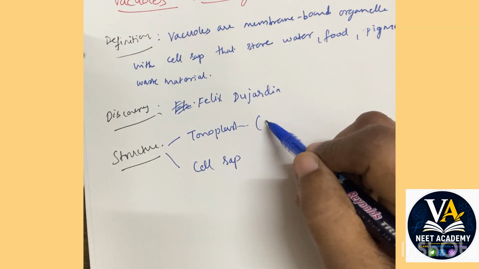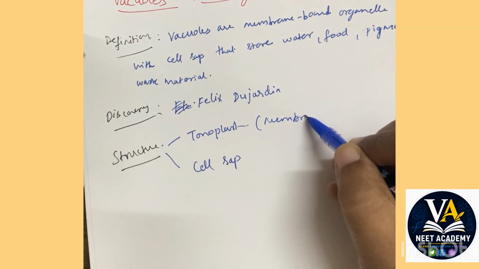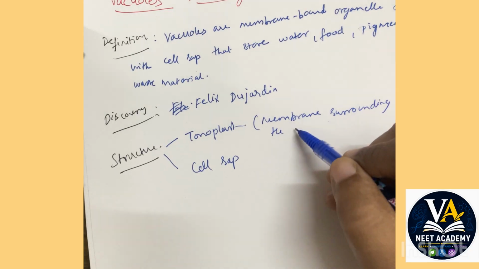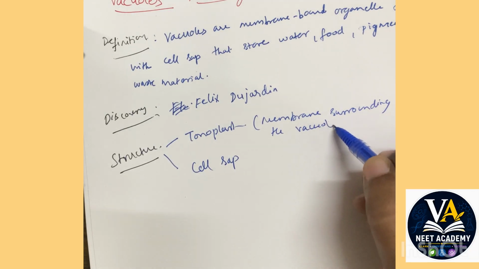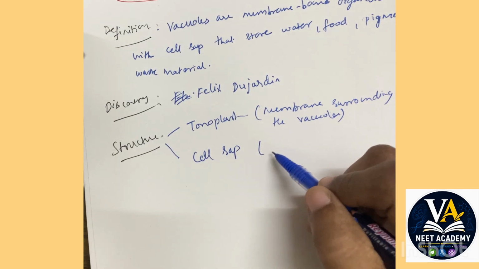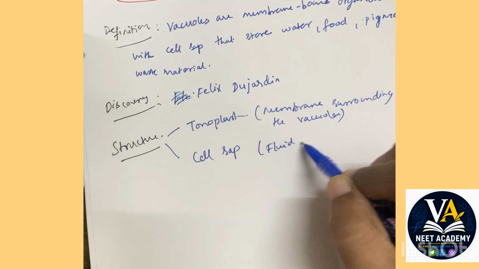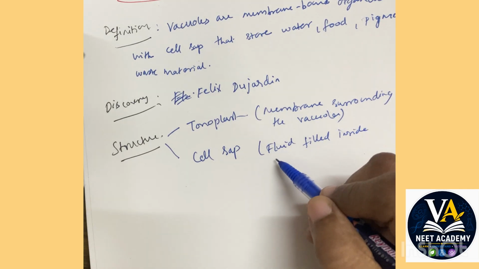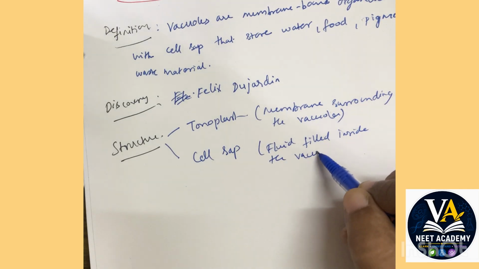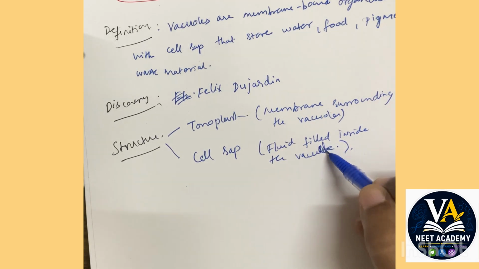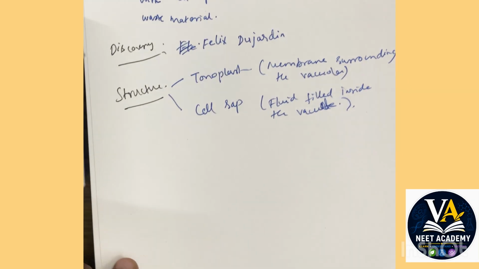This is just the membrane surrounding the vacuole, that's it. And cell sap is the fluid filled inside the vacuole. Clear students? So this is the structure.